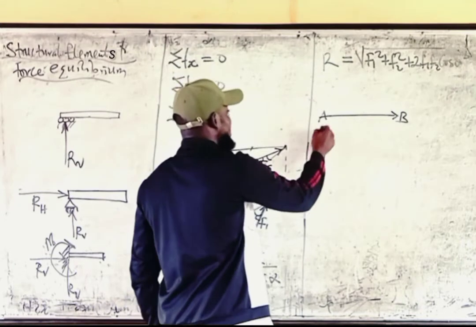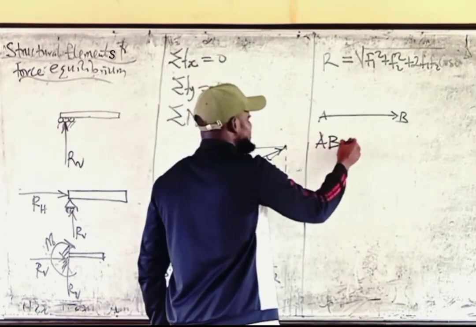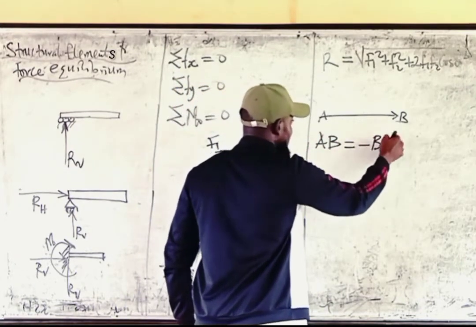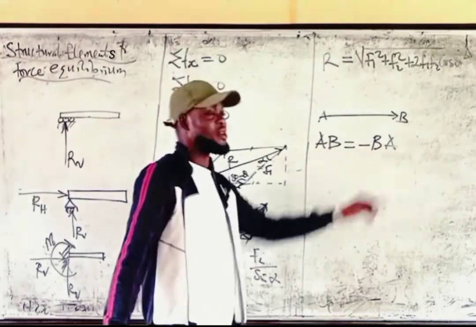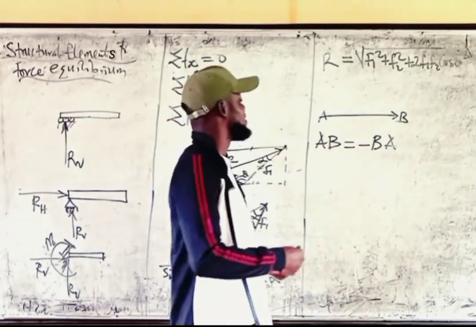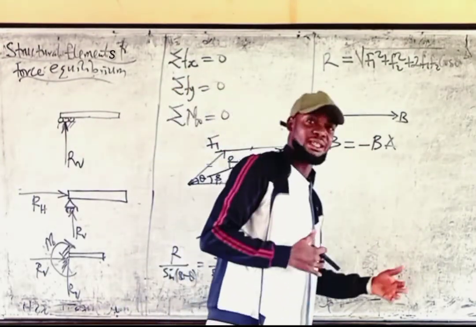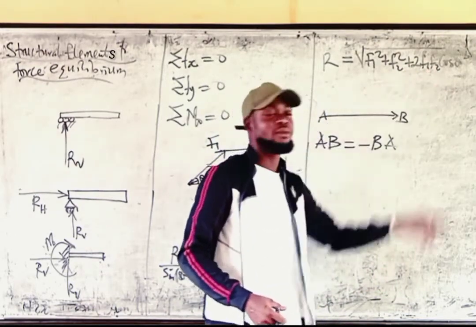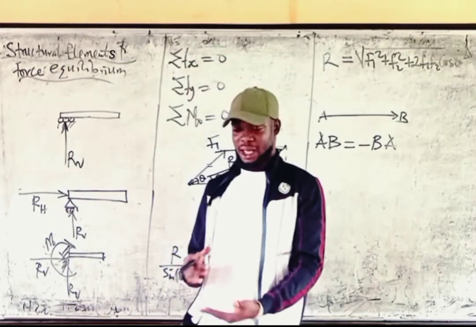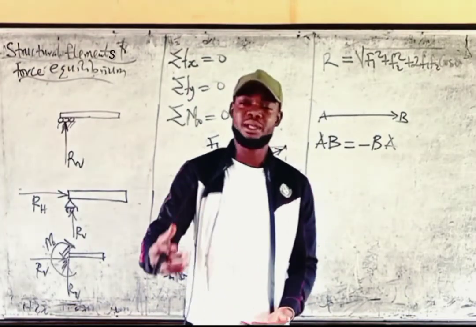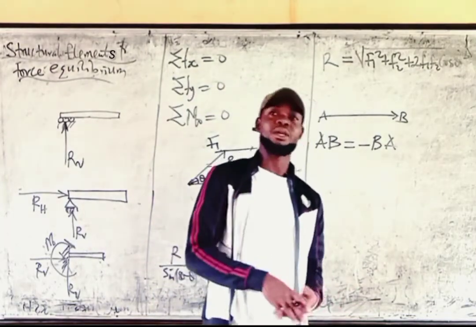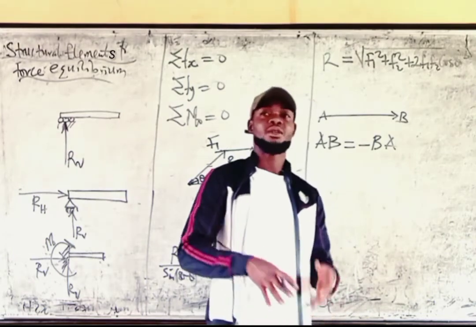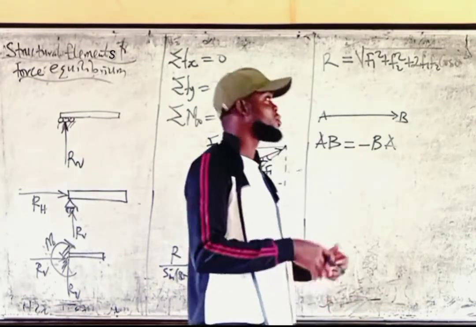So vector AB is the same thing as minus BA, because the direction is now changing. It becomes minus when either of those two changes direction. Let's say they were moving from A to B, they will now move from B to A.